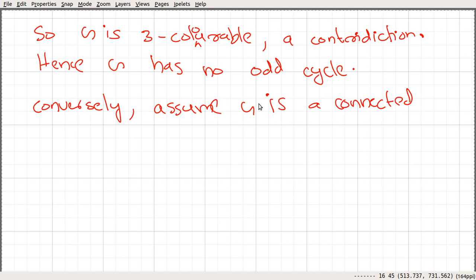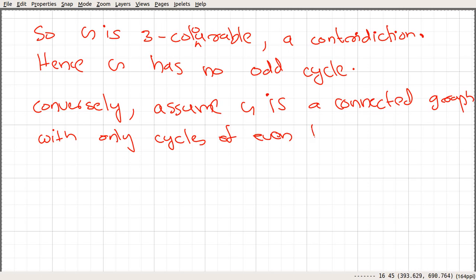So conversely, assume G is a connected graph with only cycles of even length.